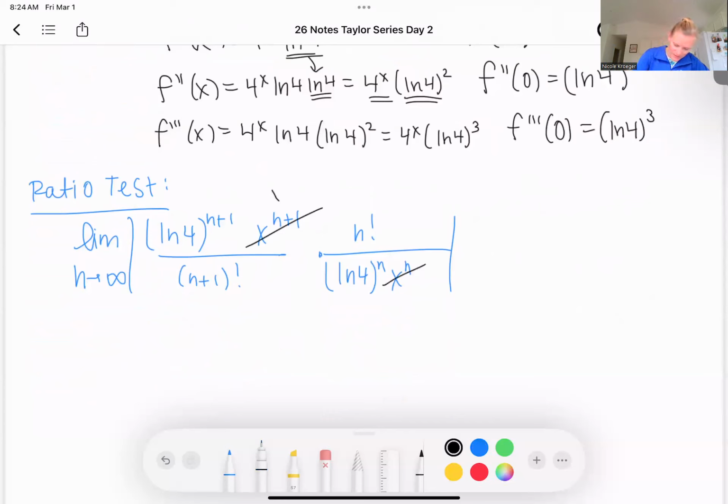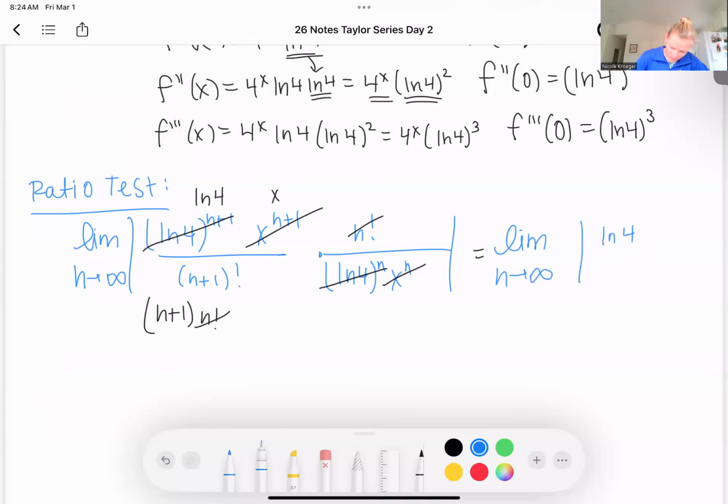The x's will cancel out and leave me with an x in the numerator. Same thing with the ln of 4s. The n plus 1 factorial will be n plus 1 times n factorial, so the n factorials cancel out. So all my n's are going to be left in the denominator. So we're going to have ln of 4 times x over n plus 1.